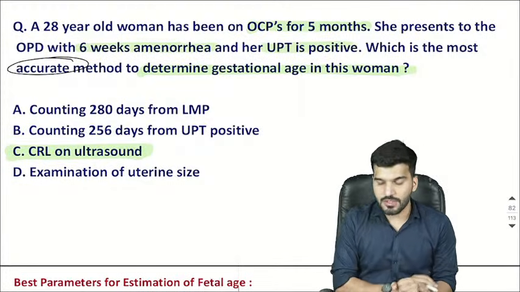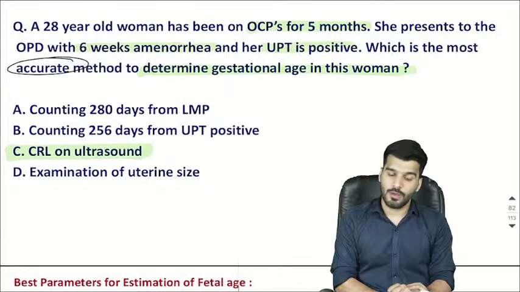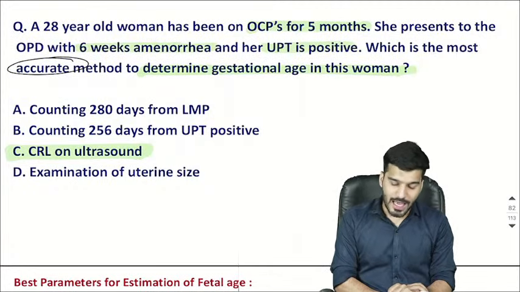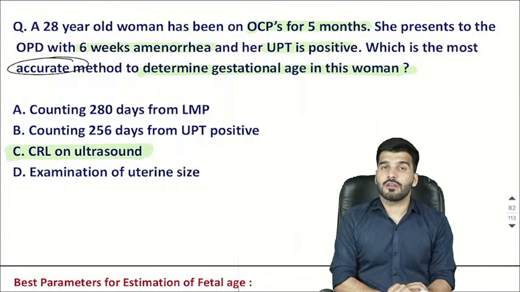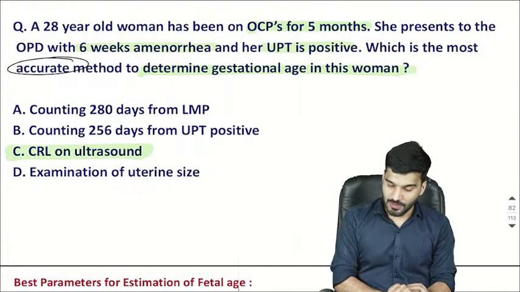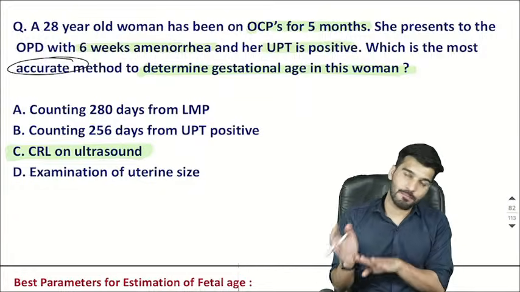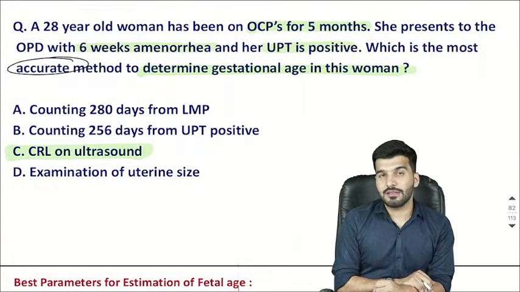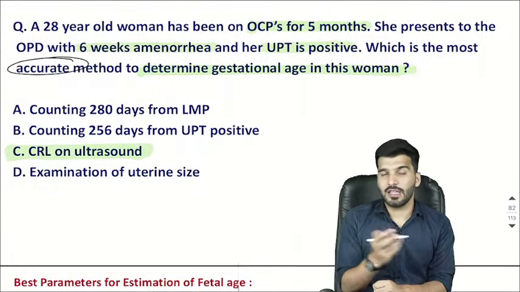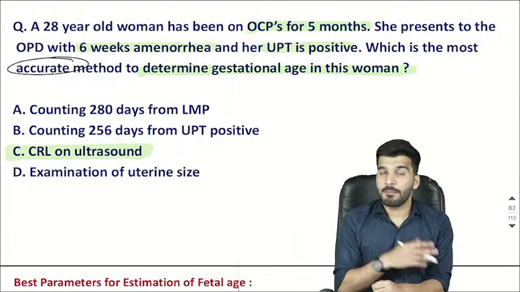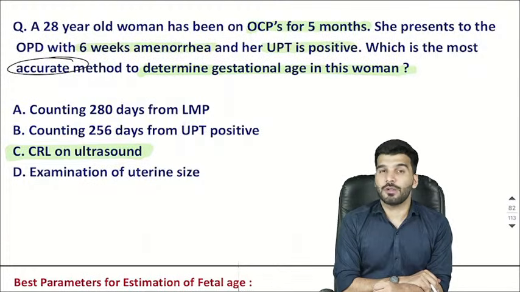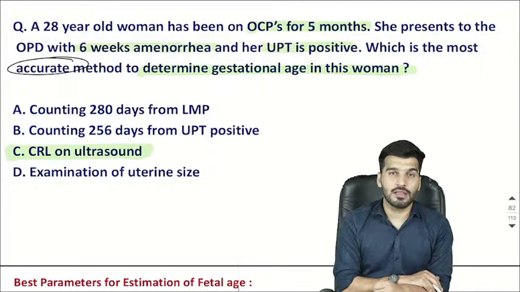In the first trimester, the best one is crown rump length. Yes, we also calculate the EDD, but for that we need a last menstrual period. We apply Naegele's formula, 9 months plus 7 days, and that can give me an estimated date of delivery. But Naegele's formula is applied on females who have regular cycles.